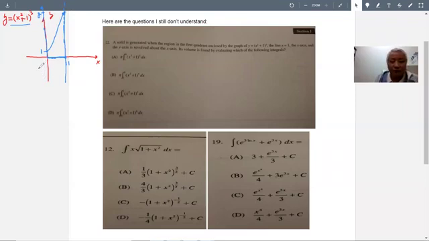If you draw this, you can see the region here is the original shape. There's the graph of the curve, and then the line x equals 1, a vertical one, and the x-axis and the y-axis, part of the y-axis, part of the x-axis. So this makes the original shape.